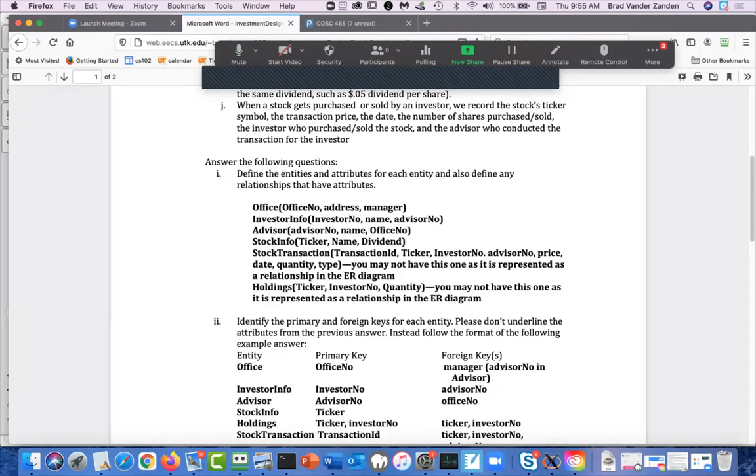Also, holdings, would that be implemented as a view since it sort of relies on stock transaction as an aggregate, or would you want to have tables? No, I see what you're saying, that you technically could come up with an investor's holding as, that's an excellent point, that technically the quantity could be computed as a derived attribute.